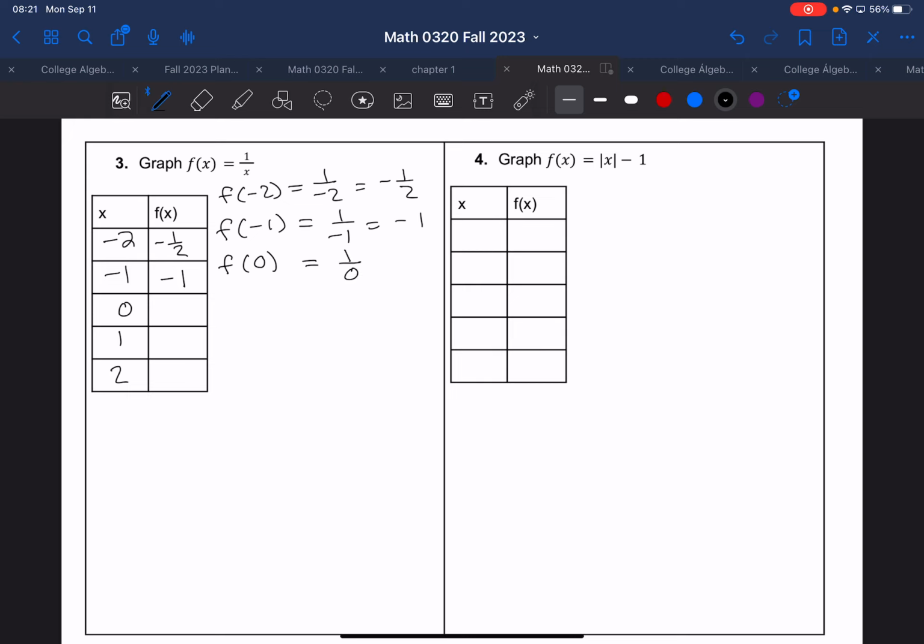What is 1 over 0? Is it 0 or does not exist? Does not exist. You cannot divide by 0, so this does not exist. What does that mean here for this point? Is it going to be part of our graph? No, so this is not part of our graph.